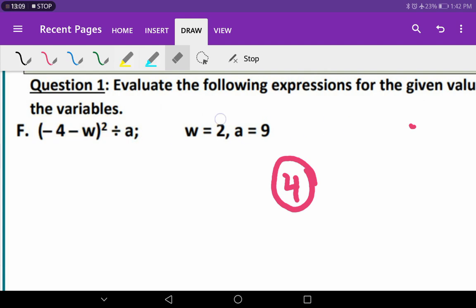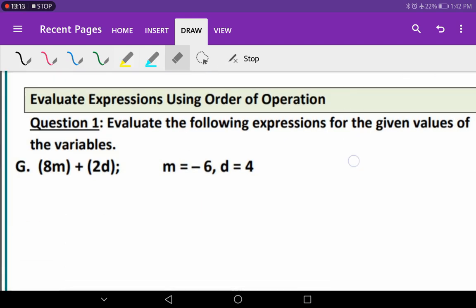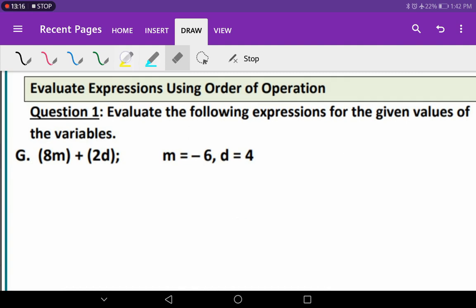Okay, my dear student, let us move to the next question here. Okay, again and again, the M is negative 6. And the D is 4. And between the 8 and the M, there is a hidden multiplication.